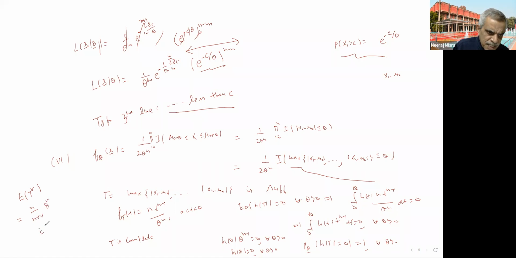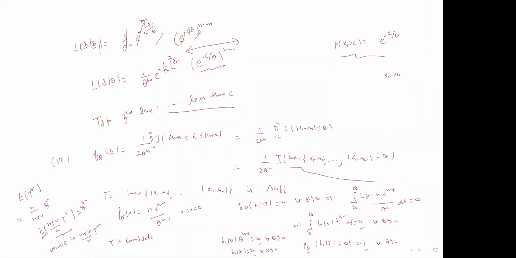So that means the expected value of (n plus r) upon n times t to the power r is the same as theta to the power r. What is this? This is a function of a complete sufficient statistic whose expectation is theta to the power r. So the UMVU is (n plus r) upon n times t to the power r. Is that okay? Yes, sir.